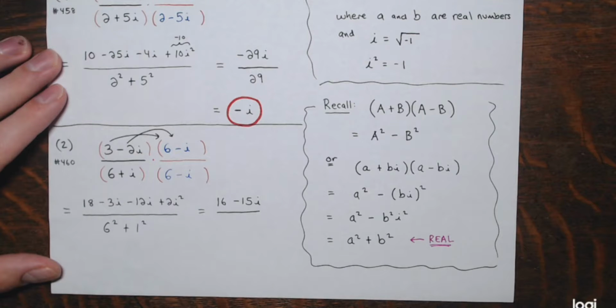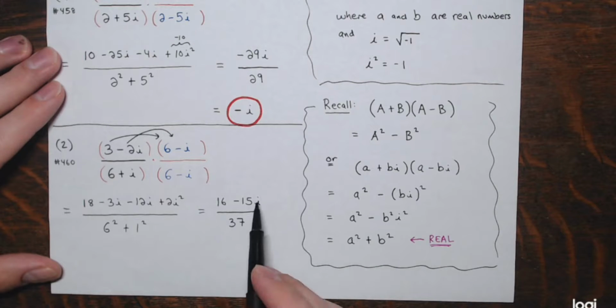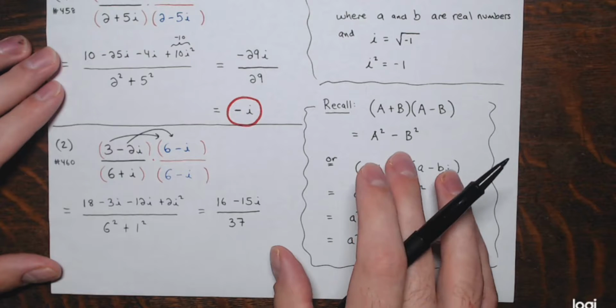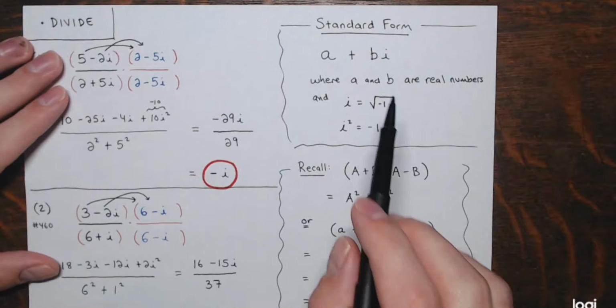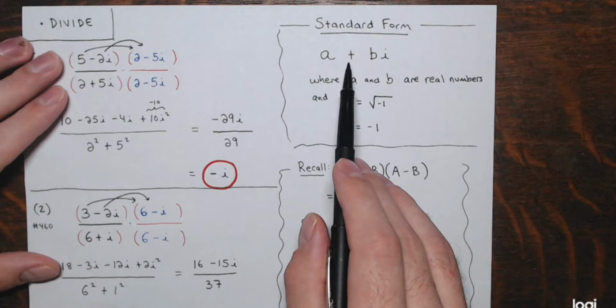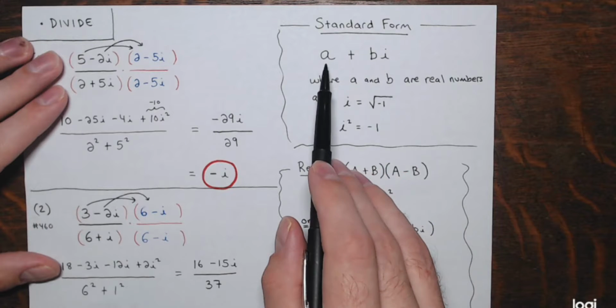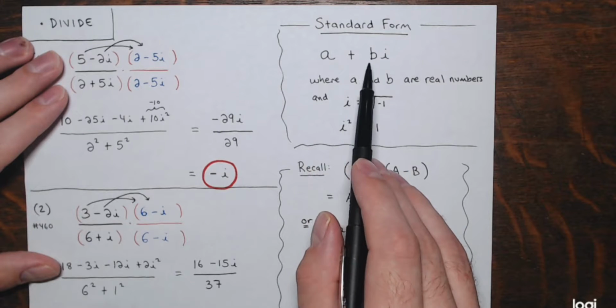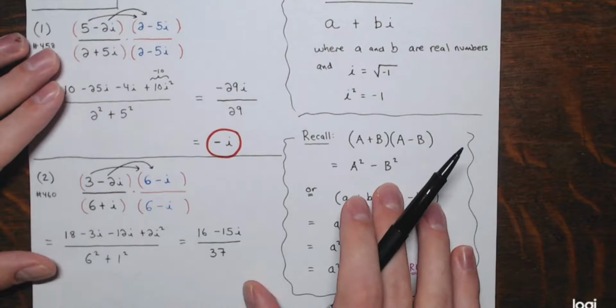Right. And you can check it by FOILing and all that. You end up with 36 plus 1, which is 37. Right, so the denominator is 37. And this is great. I mean, you can circle this if you wish, but as I said in the beginning, I want to put all my final results in this standard form where I have a real number term and then an imaginary number term.